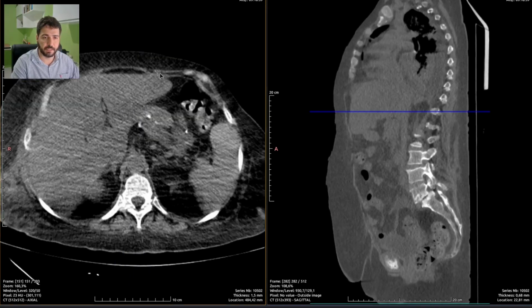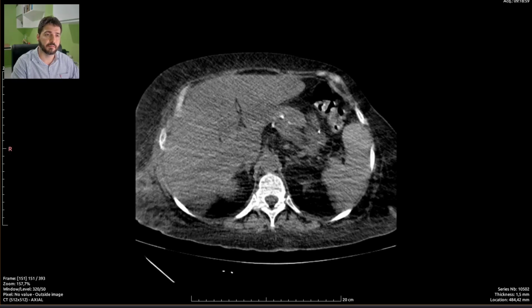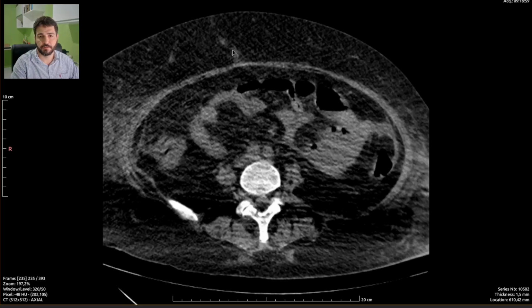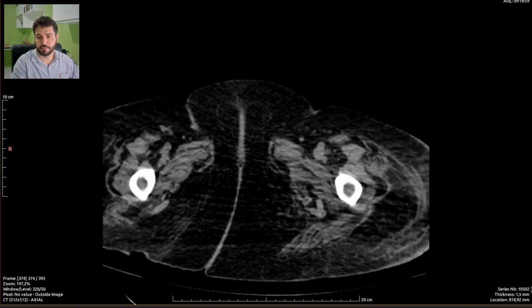Also, if you guys have noticed, which is quite common in severely ill patients, there is diffuse edema of the superficial soft tissue.